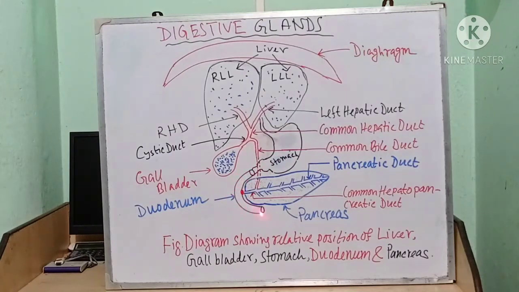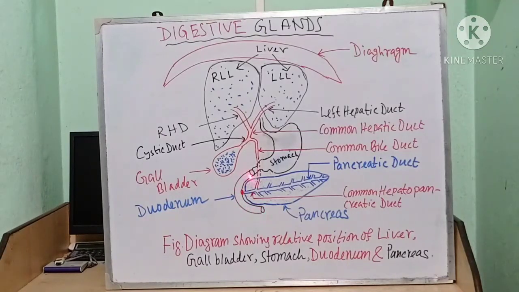Now, bile neutralizes the acidity of the chyme and provides an alkaline medium to activate enzymes of the pancreas and intestine, and bile salts emulsify fats into smaller particles, and actually this is called emulsification of fat.